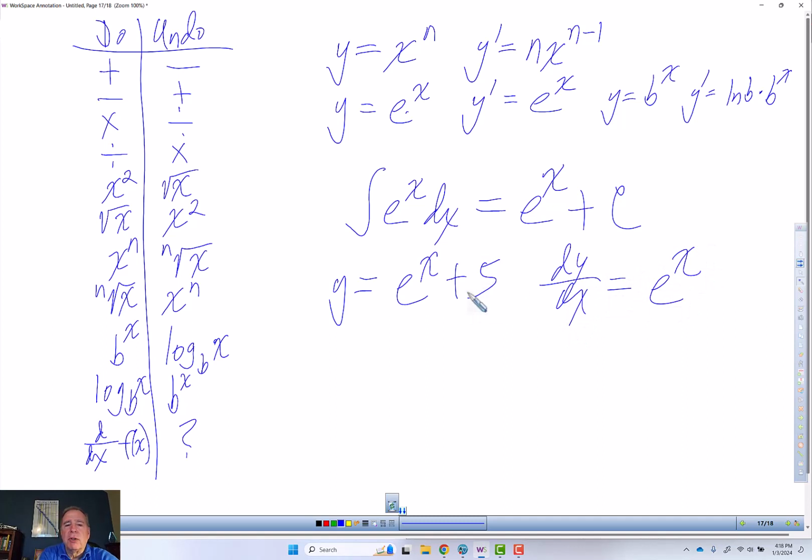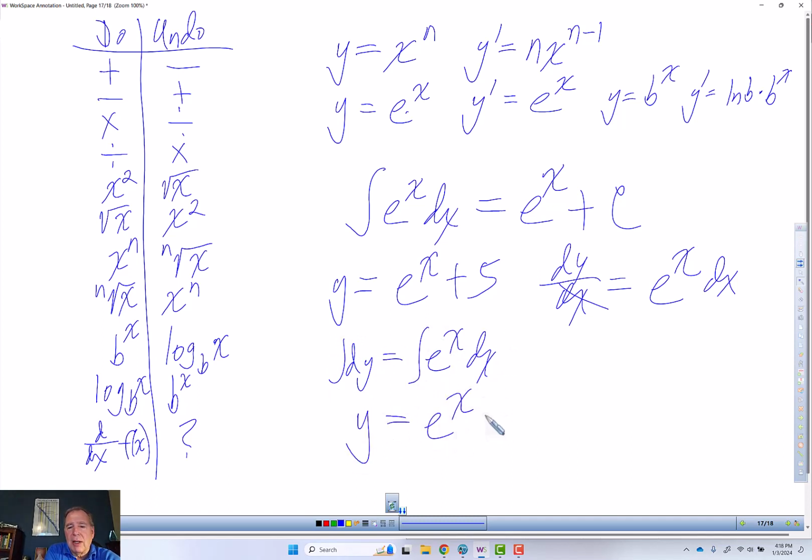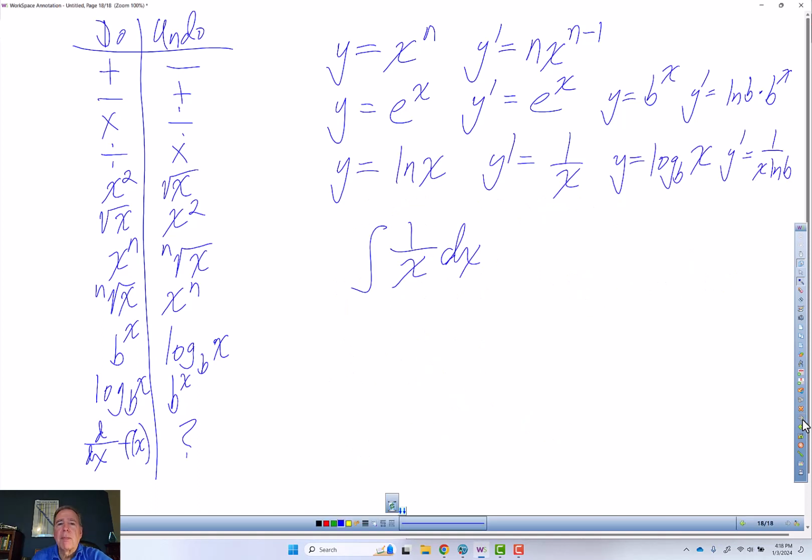The 5 went away. So if I multiply both sides by dx, I get dy equals e to the x dx. Take the integral of both sides, y equals e to the x plus c. So that one's pretty straightforward. We'll now go on and do the last one.